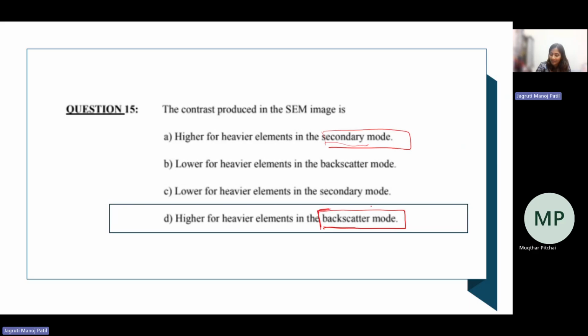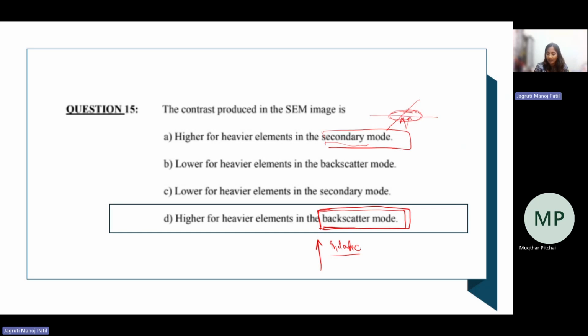Because in backscatter electrons, we know that when they come up to the surface, the electrons have lost most of the energy, and it's essentially inelastic scattering happening there. Whereas in secondary electrons, it's almost a similar energy that we get back, and that energy is not high enough to differentiate and make contrast within your image.